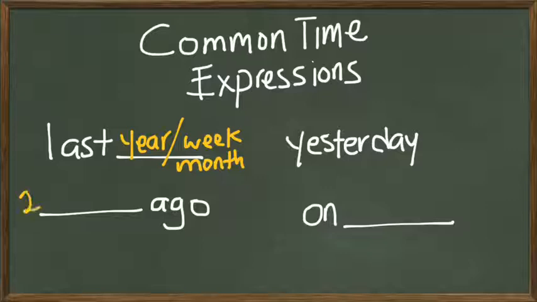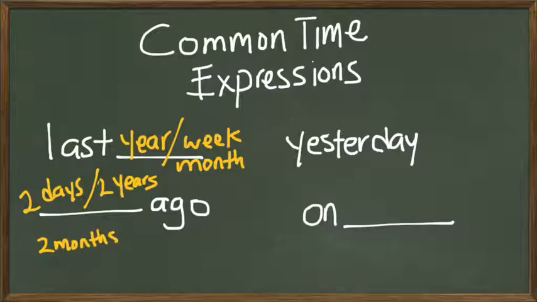For example, 2 days ago, 2 years ago, 2 months ago. And we have the common yesterday, meaning the day before today. We also have the expression on for days. For example, I saw you on Monday. I bought it on Tuesday.